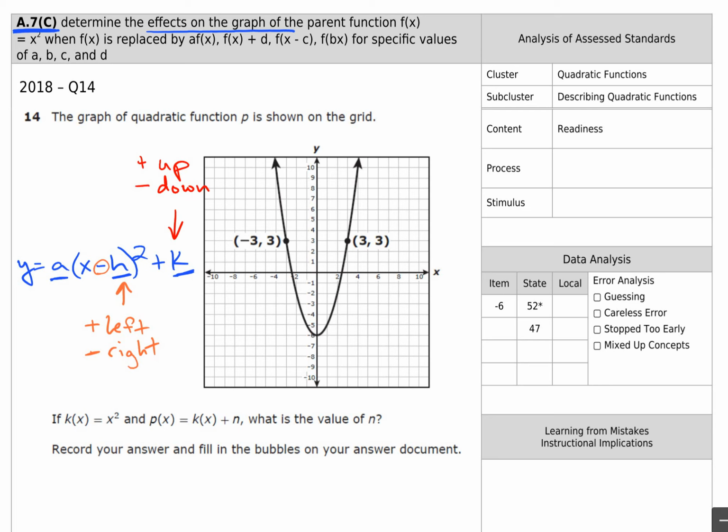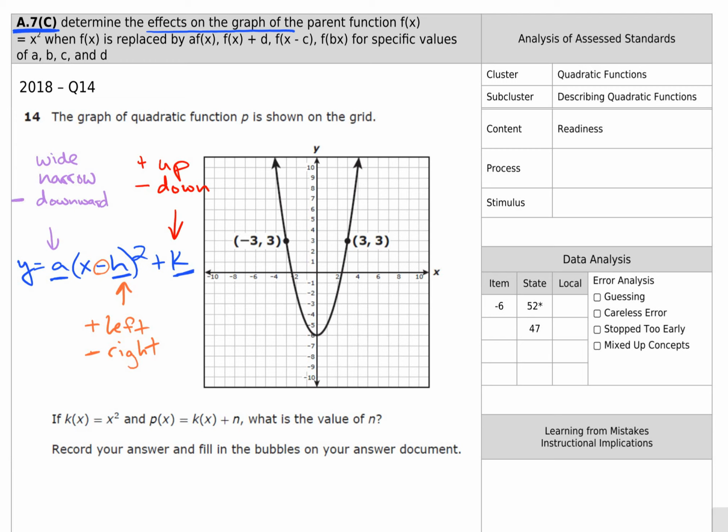And then the last thing would be the a at the beginning. That can make the parabola itself either wide, narrow, or downward facing. So it would open downward if it were negative. Negative is what makes it downward.